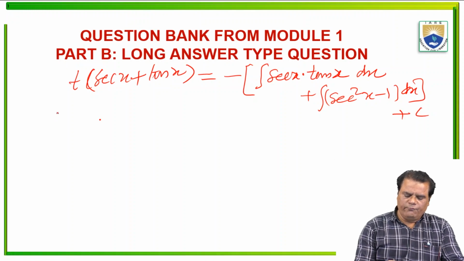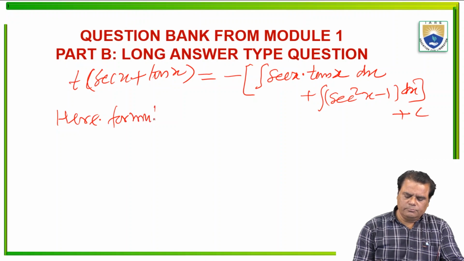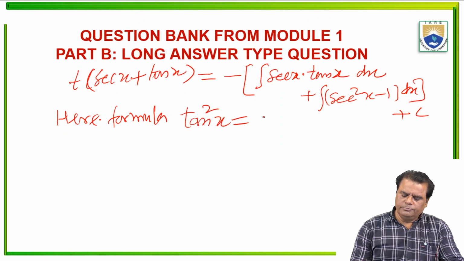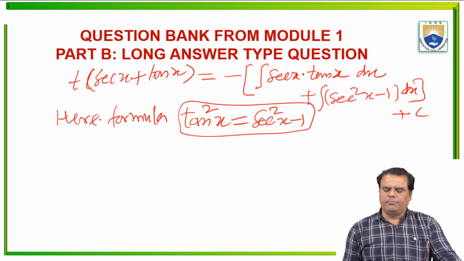Here the formula is tan² x equal to sec² x minus 1. We apply this formula.